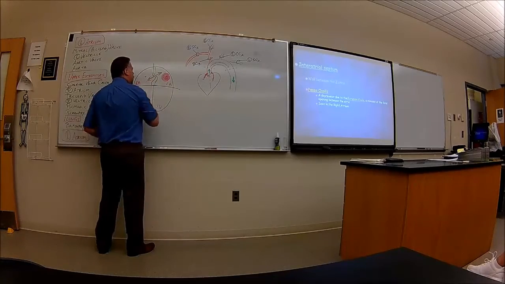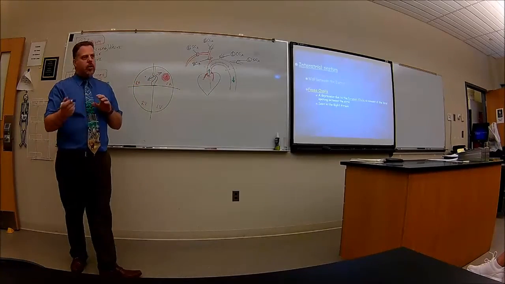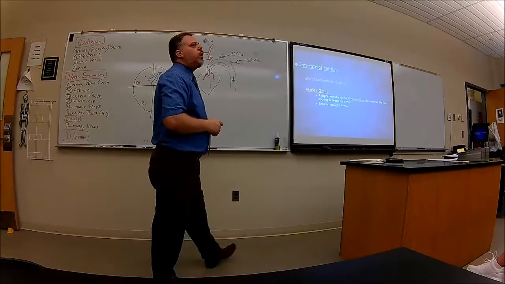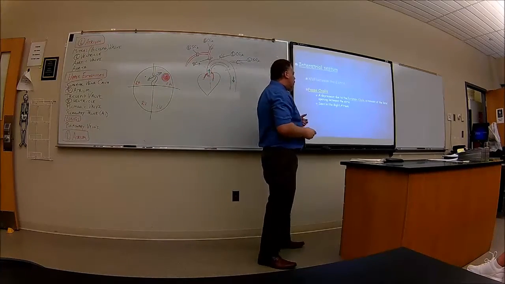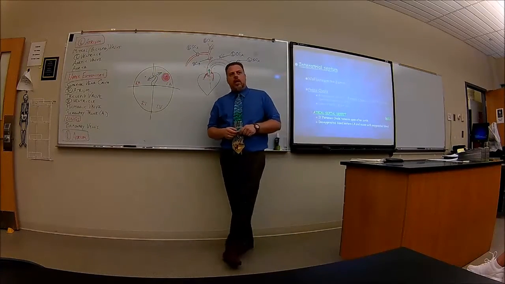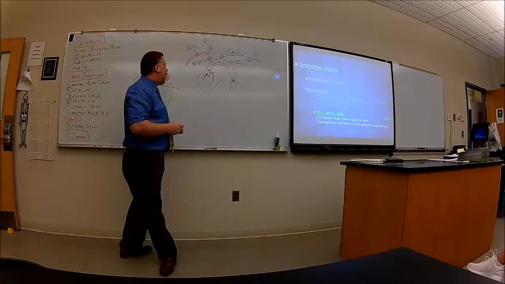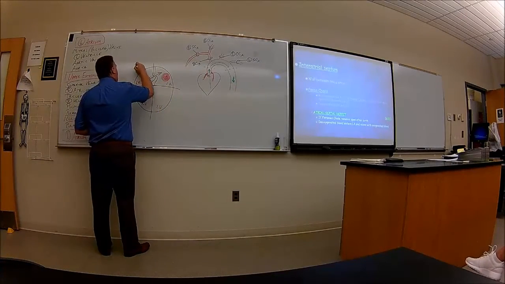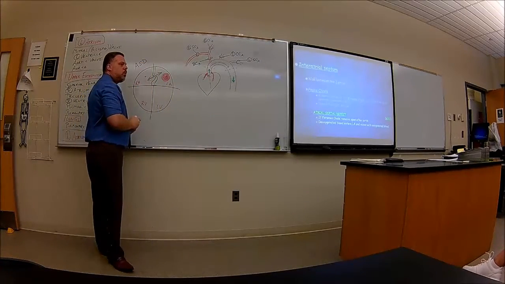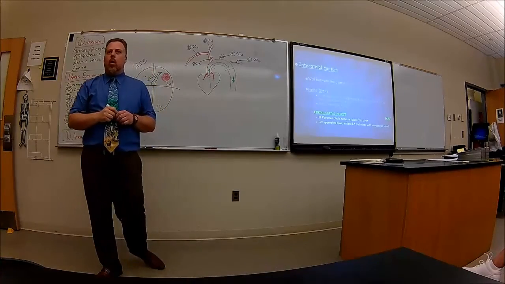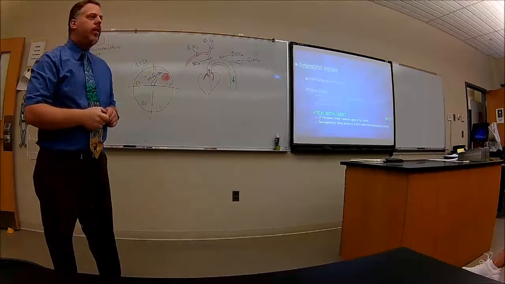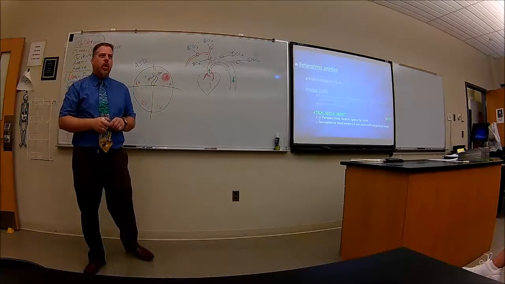So you're going to have a mixture of blood, oxygenated, deoxygenated, not good. We call this opening an atrial septal defect, an ASD, or laymen call it a hole in the heart.